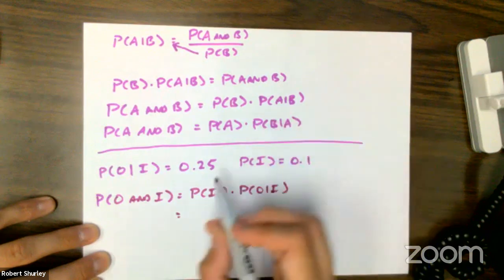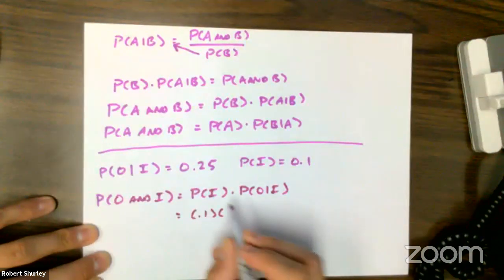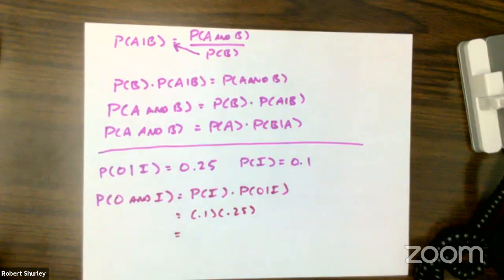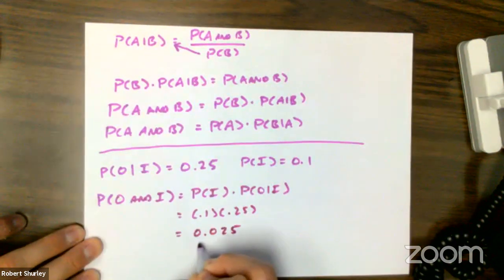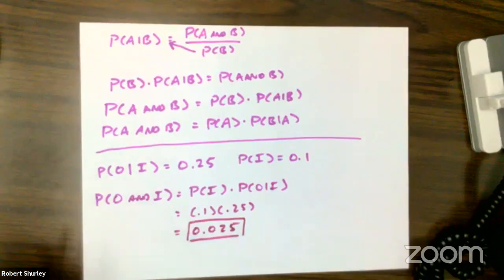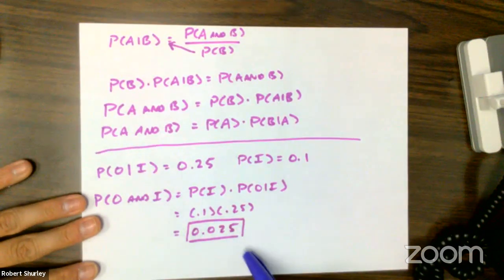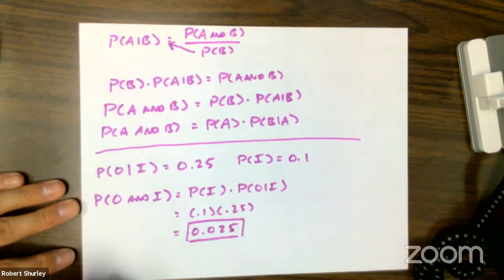So the probability of interview, we know, is 0.1 times 0.25, which turns out to be 0.025. That's tough. It's a really slim chance that you get an offer for this job. Oh, I see what you're saying. So the probability that an applicant is offered and interviewed is very slim. Very slim.